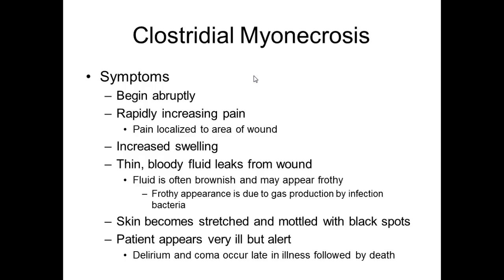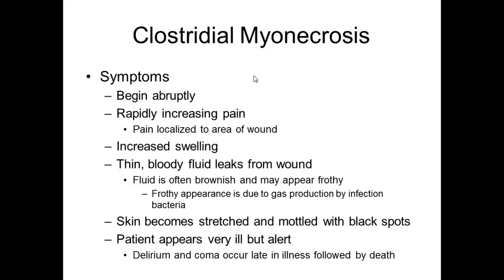The rapidly increasing pain, of course, localized to the area of the wound. Swelling occurs, and this is where it gets its common name of gas gangrene, in that it will ferment under anaerobic conditions, and in fact it will only grow in dead tissue under anaerobic conditions.